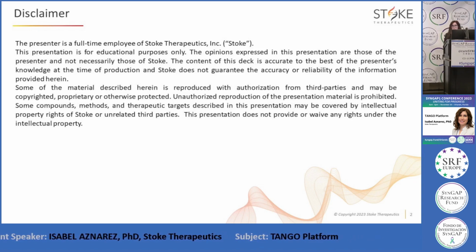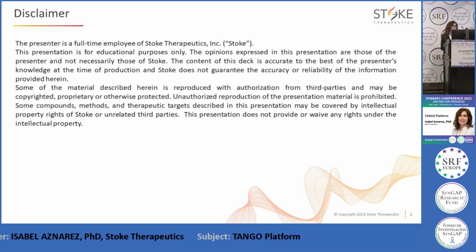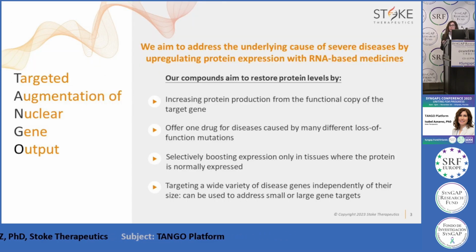So with our TANGO technology, we aim to address the underlying cause of genetic diseases. And like Anna said, that is the first thing you need to know to be able to develop therapeutic approaches: what is the gene that causes disease? Syngap, we know. And so we develop these therapeutic treatments by targeting RNA.